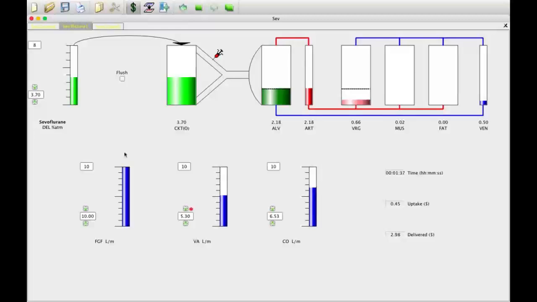I want to point out that with these settings, high fresh gas flow and high vaporizer setting, the value which I can measure in exhaled gas is higher than MAC, even though the cerebral MAC is still too low.